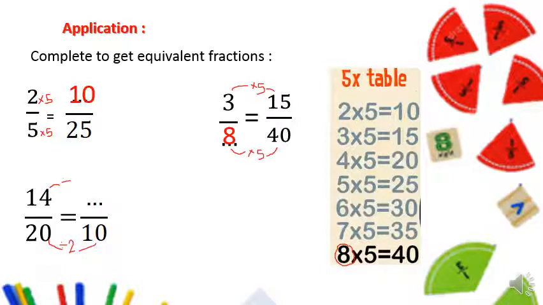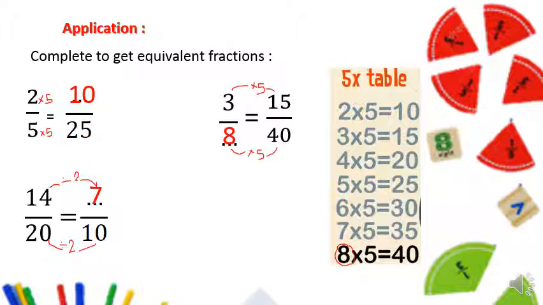So we have to divide 14 by 2 to get the answer. So 14 divided by 2. What is the answer? You can think, which number multiplied by 2 gives me 14? It's 7. Yes, so 14 divided by 2 gives me 7.